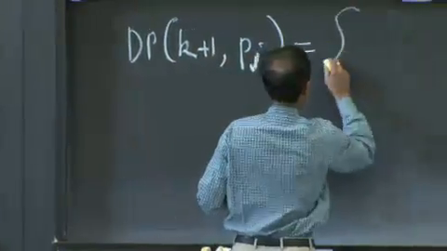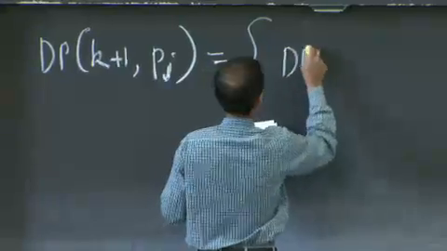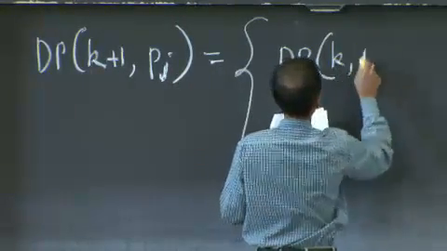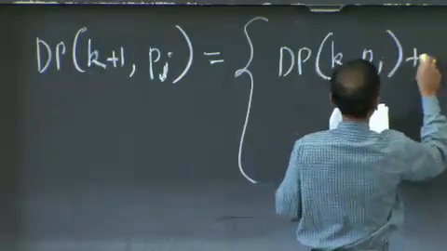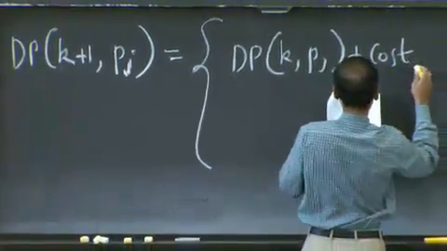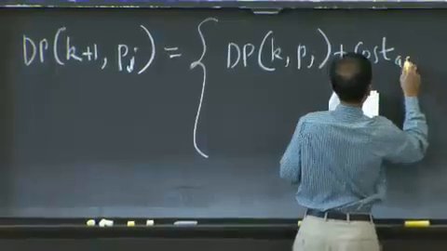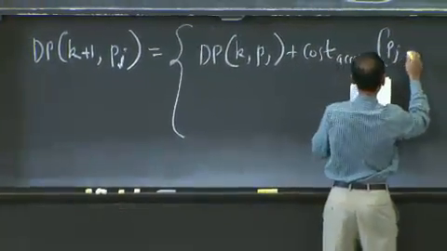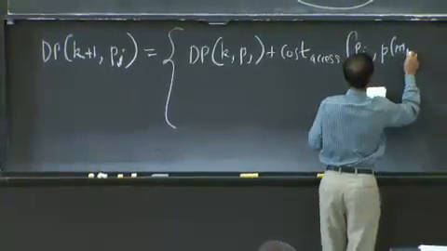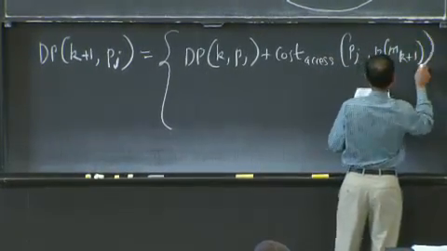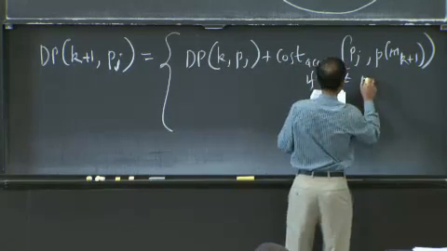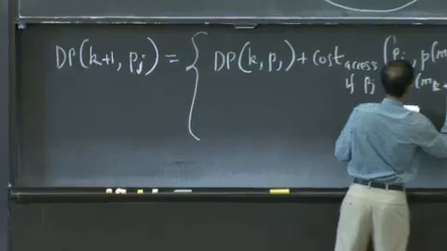Now what you have to do is essentially say, well, dp of k plus 1 pj is going to be dp k pj plus cost of access pj, p of mk plus 1, if pj is not equal to p of mk plus 1.